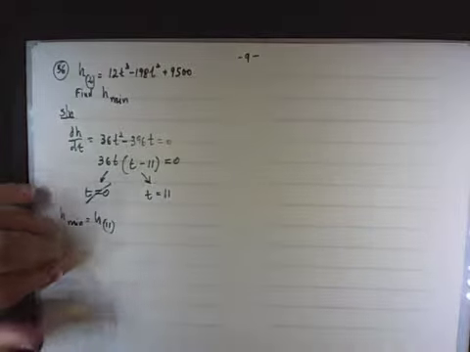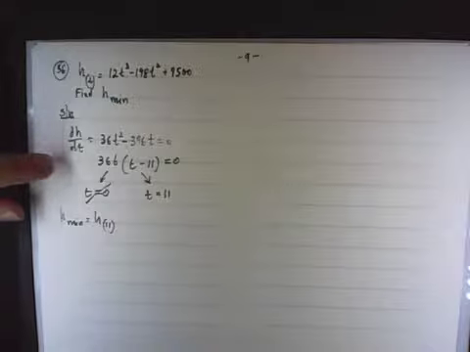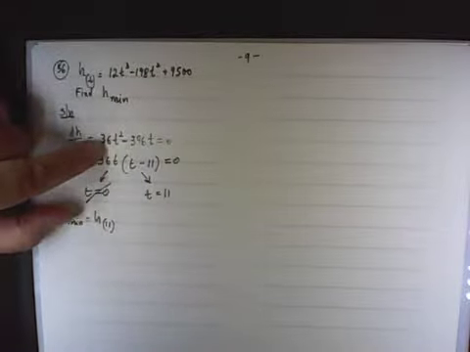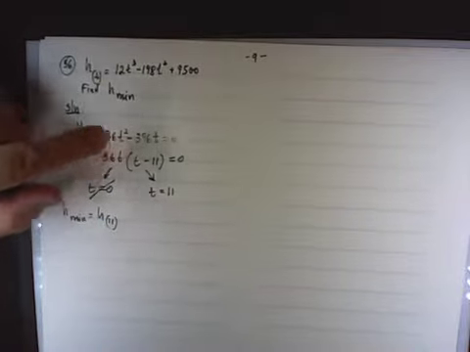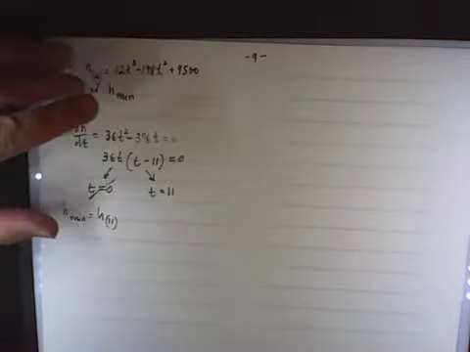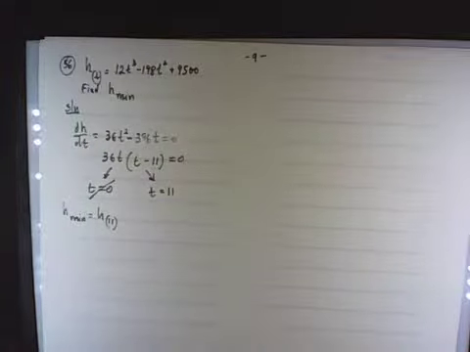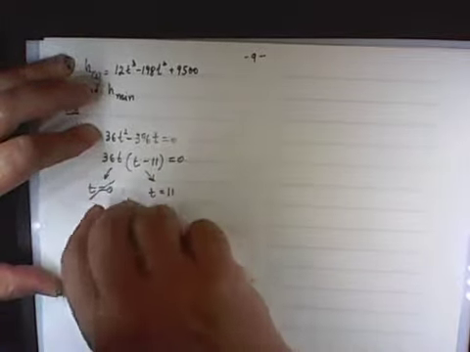You can check, do the second derivative test and see that h double prime at 11 is positive. h double prime will be 72t minus 396. So if you plug in 11, I'll do that actually. It takes no time to do it.